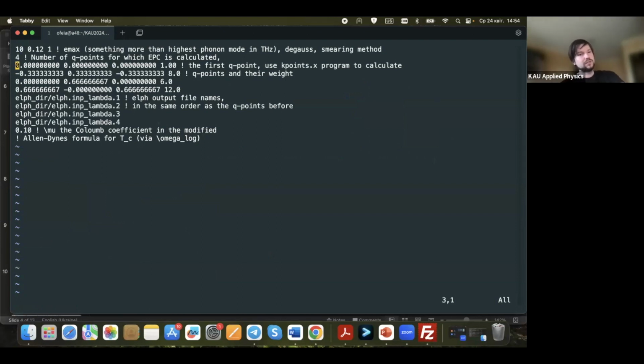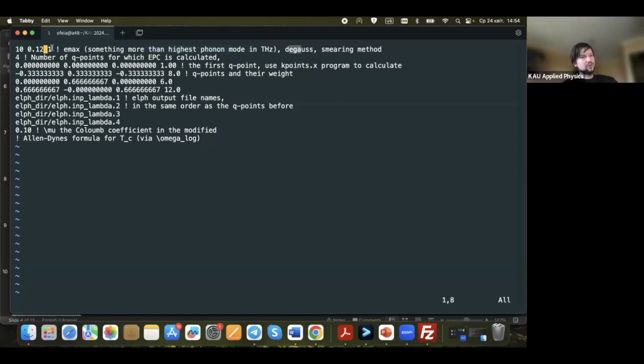It's from the Quantum Espresso example, so it has a lot of comments and a lot of parameters. Here you see Emax, something more than the highest phonon mode in terahertz, like 10. The highest phonon mode was maybe 6 or 7, I don't remember.